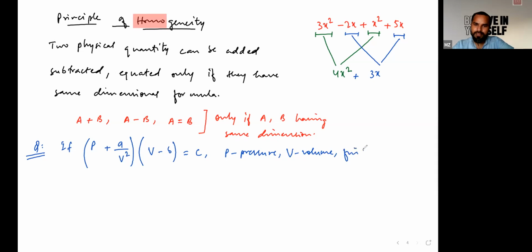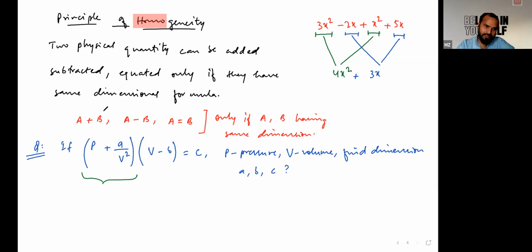We have to calculate dimension of A, B, and C. So how to proceed with this problem? Just see in this first bracket, there are two different quantities. First one is P and the second one is A over V square. And there is a relation between them as plus sign.